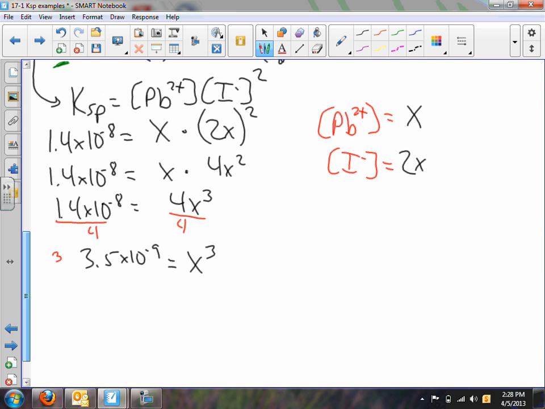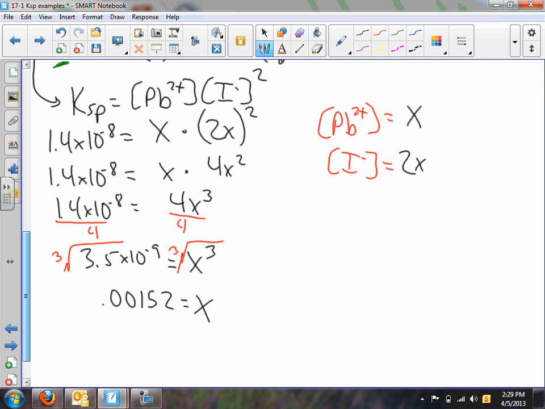And then to solve for X, you need to cube root that. And when you cube root that, you get 0.00152 for your X.